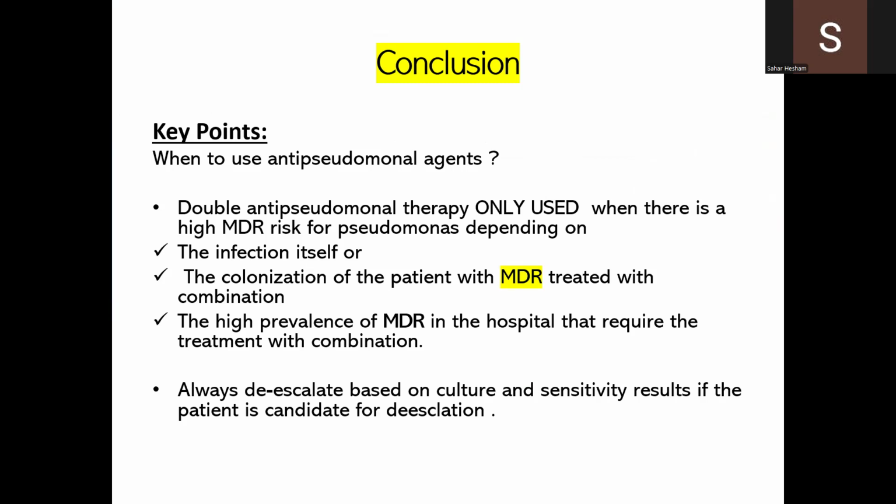The patient may be colonized with multidrug-resistant Pseudomonas, or there's a high prevalence of multidrug-resistant bacteria, where using only a single agent will not be efficient, so you need to use combination.